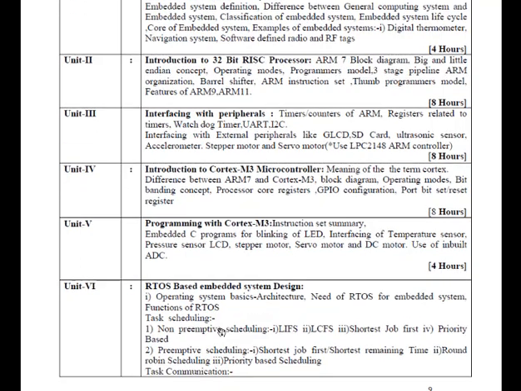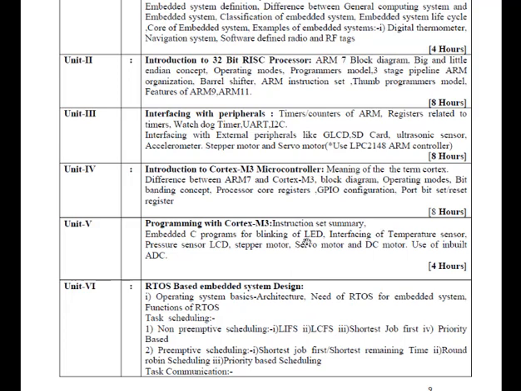Then programming with Cortex M3. Simple programs like blinking of LEDs. If there are multiple colors of LED, you will see programs where alternate colors should be on, or all colors should be on and all will be set off at the same time.